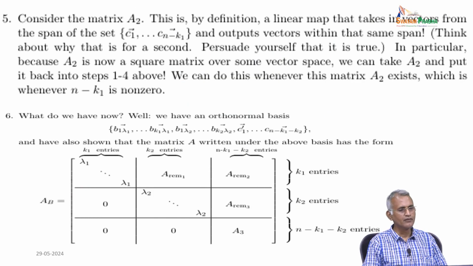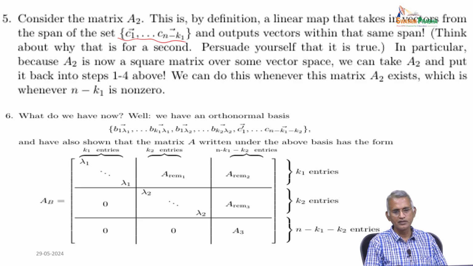Now, the fifth point: consider the matrix A2. According to the definition, it is a linear map that takes vectors from the span of c1 to c(n minus k1) and outputs vectors within the same span. In particular, A2 is a square matrix over some vector space, so we go back to steps 1 to 4.